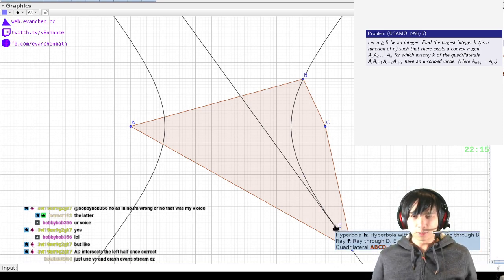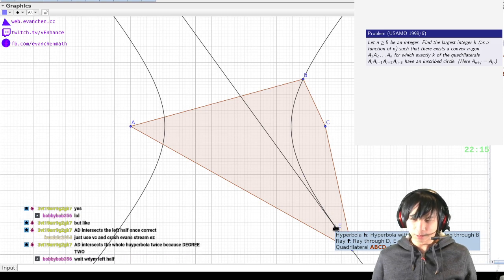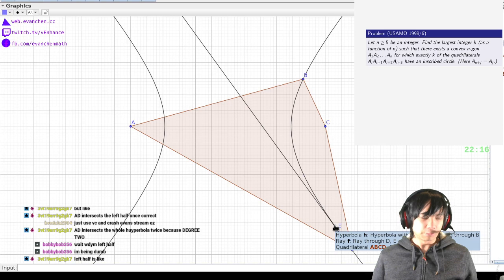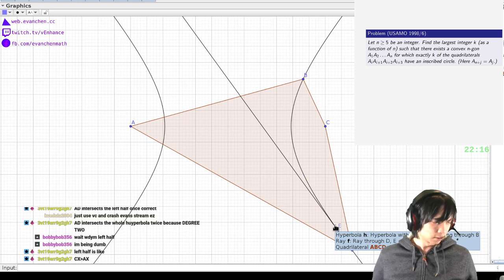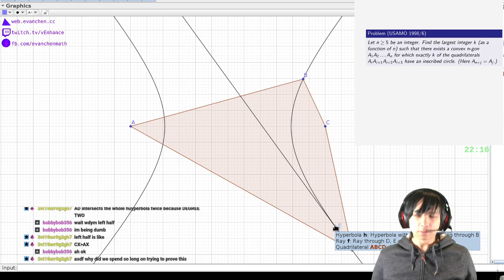So when you have a hyperbola... Okay. That should be true, yeah. So the hyperbola will cut the plane into 3 regions. A is in the leftmost region, D is on the boundary between the middle region and the right region. Or use AC as like an oriented line, yeah. And so AD intersects the hyperbola again.